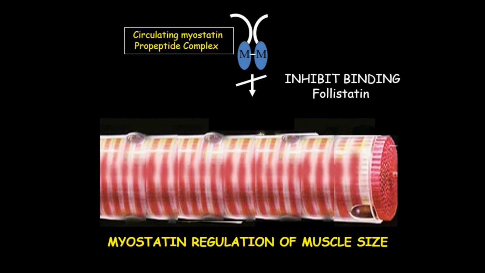And if you disrupt this pathway, and we've done it in multiple ways, but we found that follistatin is the most potent peptide we can use to block the myostatin pathway. So here's the normal muscle fiber. That's what happens when you use follistatin. It blocks the pathway. So what can we do with gene therapy?